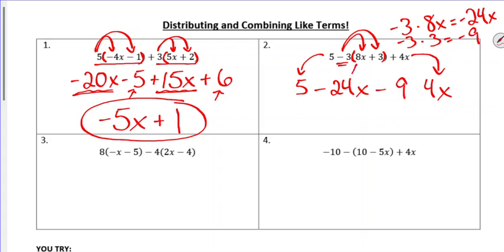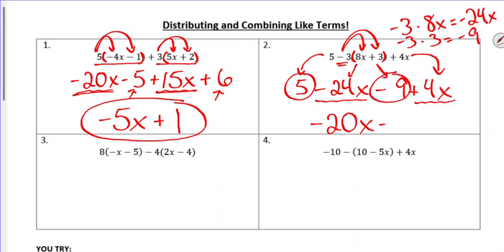So both of these just come down after I multiply. And now I'm going to combine like terms. I have -24x, sorry, I missed the sign on this 4x. That sign stays the same, it's still coming down just as a +4x. I'm going to combine like terms. -24x plus 4x is -20x. 5 minus 9 is -4.